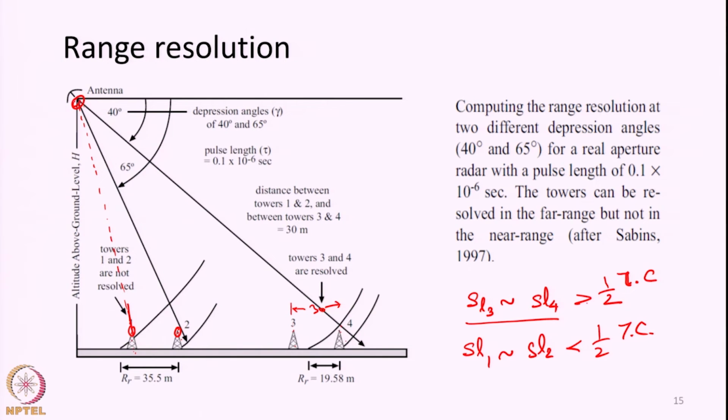If the slant range between them is less than half of the pulse length, then these two features will be recorded as one single feature. Radar will think, okay, these two objects, the signals are coming at very short time intervals, most likely they will be one single feature. It will be labeled like that.